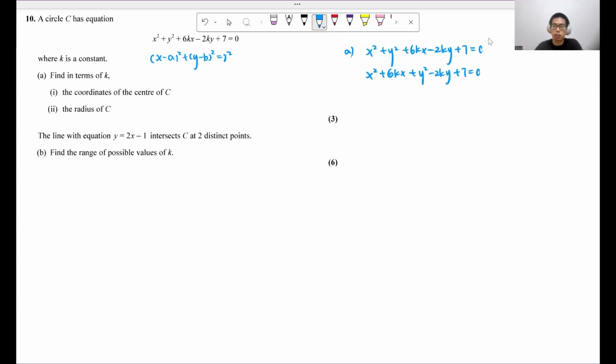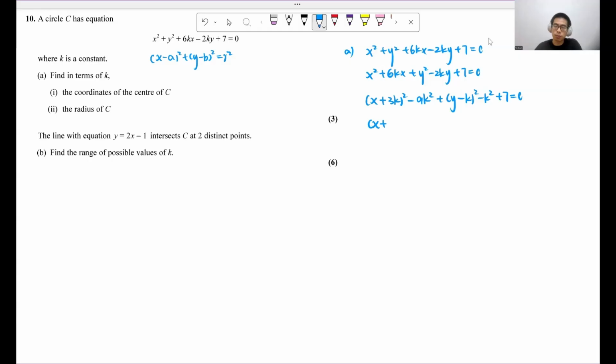So now I'm going to do the completing the square. That would be x plus, half of 6k, that is 3k, squared, and then minus the square of 3k, which is 9k squared. And then y minus, half of 2k, just k, squared, and minus k squared, plus 7 equal to 0.